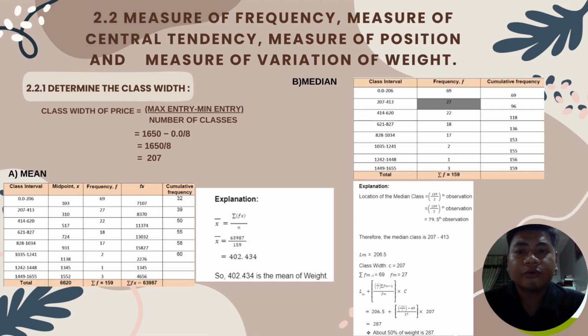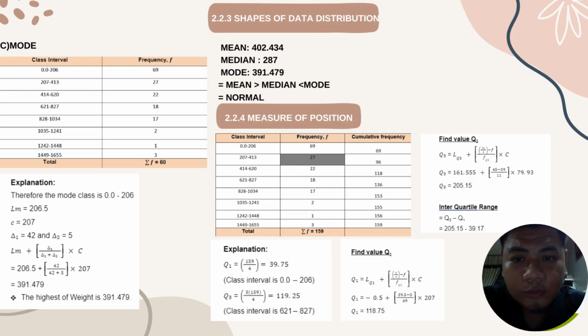Alright, so to determine the class width, we use weight. For the mean, we get 402.434. For the median, we get 207. For the mode, we get the highest weight, 391.479 kilogram.